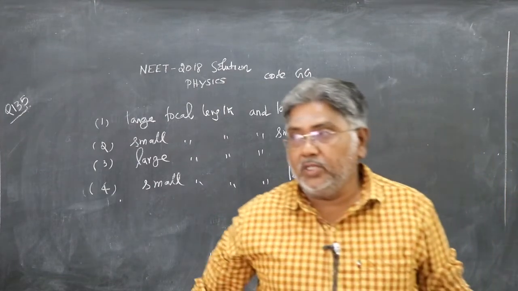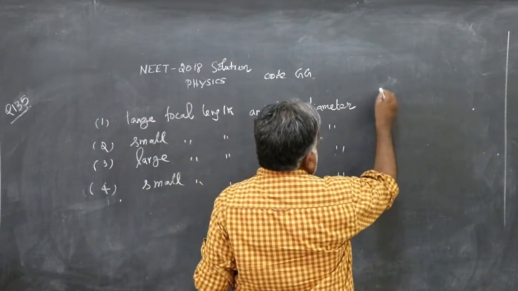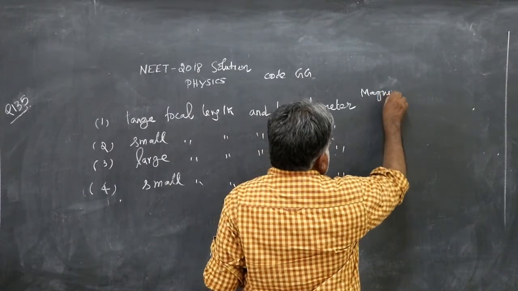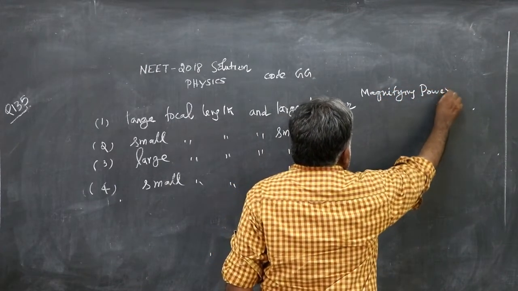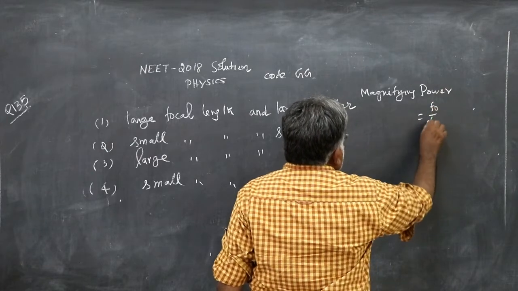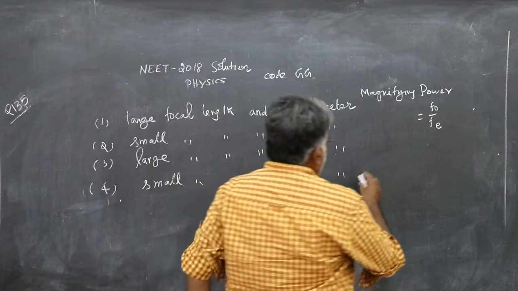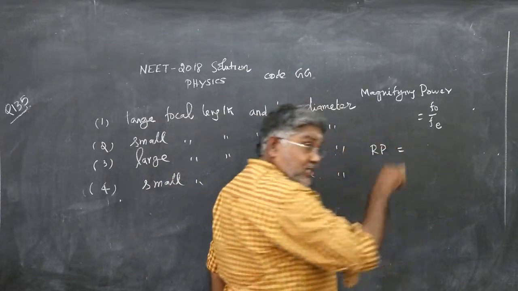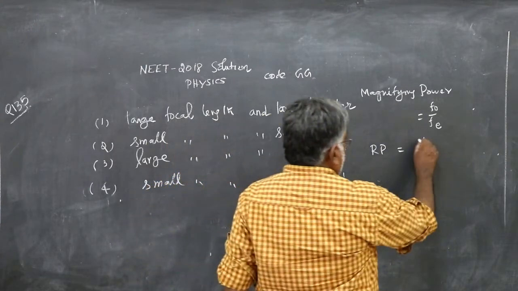So we have to think about angular magnification, which is also known as magnifying power. We know it is fo by fe. And resolving power for a telescope, not for a microscope, is d by 1.22 lambda.